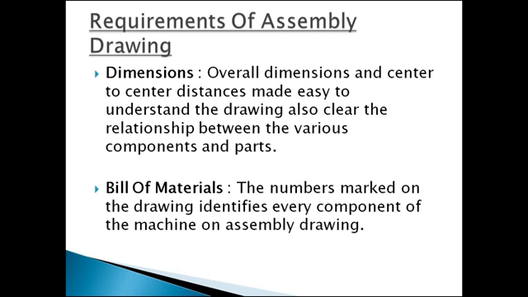Then here we also get the materials, which material we are going to use in manufacturing, whether it is cast iron, steel, aluminum, or brass. So whatever type of material is required, we mention in this bill of material.